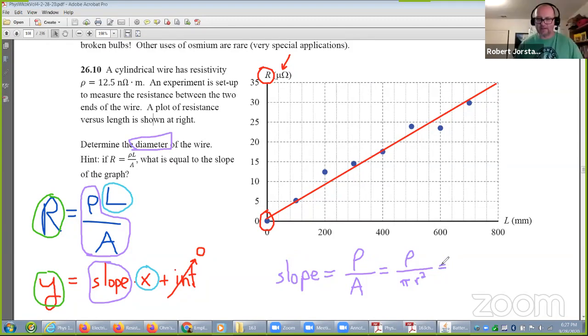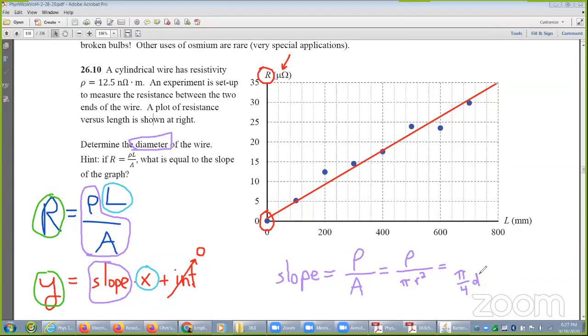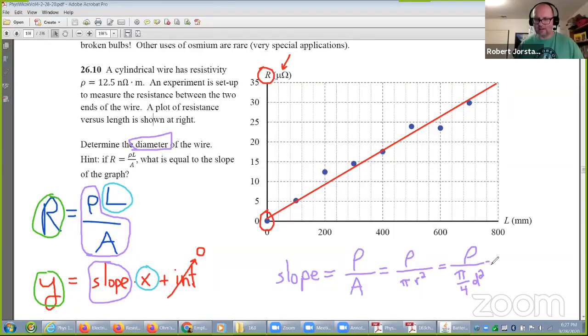How about I write it like this? Pi over 4, because you're going to square the 2, right? And there's a rho. I could move the 4 up top to make it cleaner, and then it's that. And I just want to point out that everything that we've done so far is still very similar to tomorrow's lab, okay?